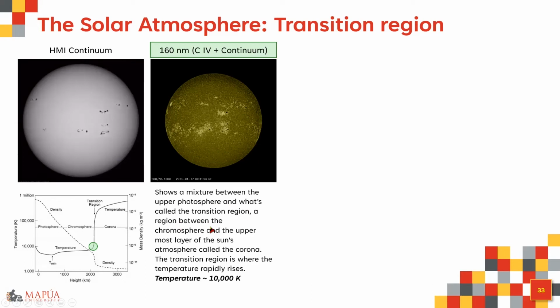Again, the transition region is the region between the chromosphere and the solar corona, where the temperature rapidly increases. At this wavelength, at this temperature, it is just at the start of the transition region, and it also corresponds to this area of the photosphere. So this is a mixture of light from the transition region and light from the photosphere.